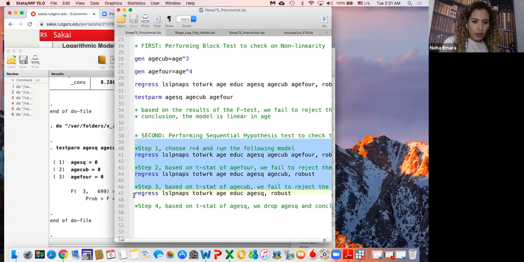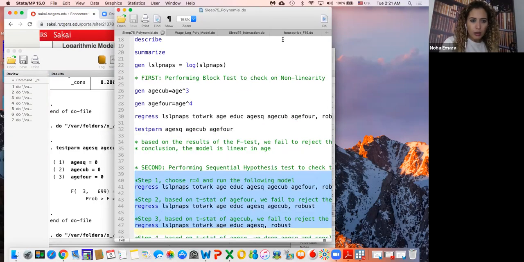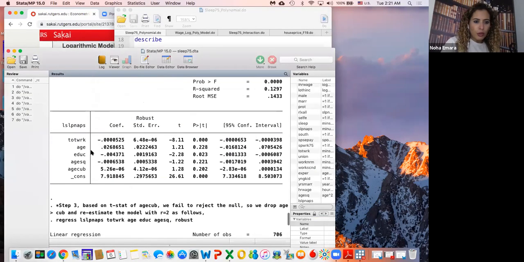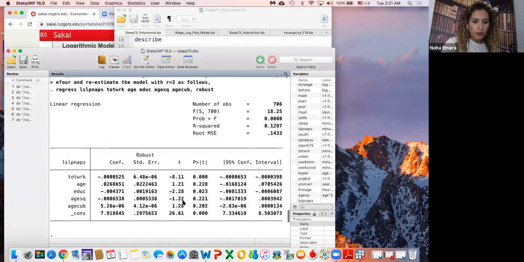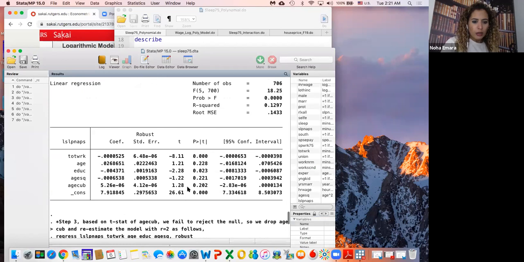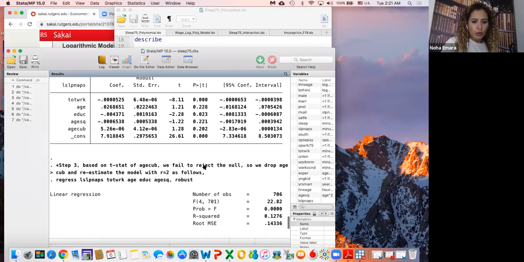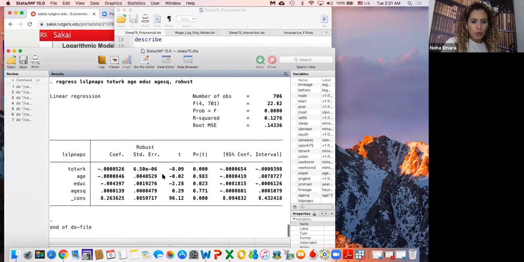So when you do that, let's regress the 3 together and go to the first one. Look at the age to the power 4 term: statistically insignificant. Then all you need to do is drop it and re-estimate a model of degree 3. Look here, insignificant again, so we fail to reject. Re-estimate the model with r equal to 2, which is quadratic.